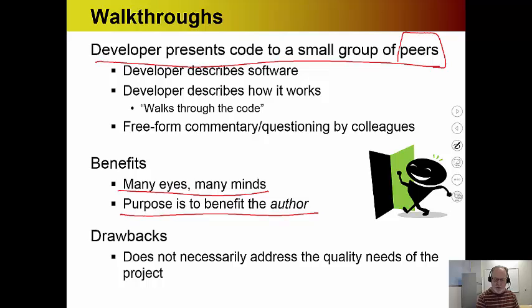The freeform commentary says it may not just be checklist driven, but it can be any kind of commentary, and sometimes a developer will say, here's a way you want to do it from this design perspective. I've seen these kind of meetings with the walkthroughs where a lot of times a senior engineer will stay after to talk with a junior engineer and help them interpret what they just heard, maybe give some additional detailed feedback.